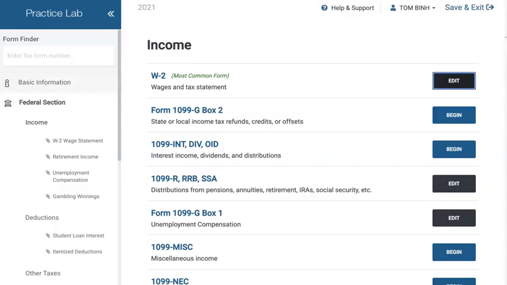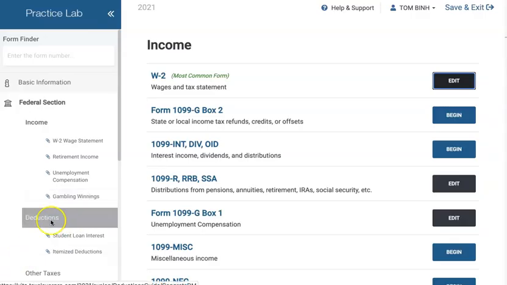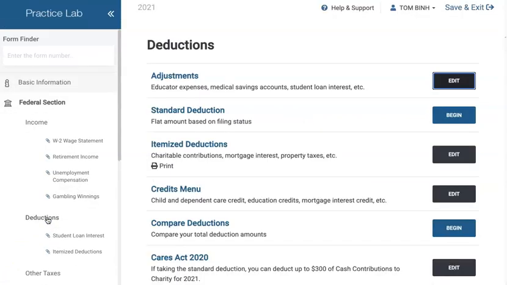So I mentioned a path that you can get to involving itemized deductions for entering the charitable contribution, but it turns out there is a second path. So let's go down that path instead. On the deductions page, there is a CARES Act 2020 option.